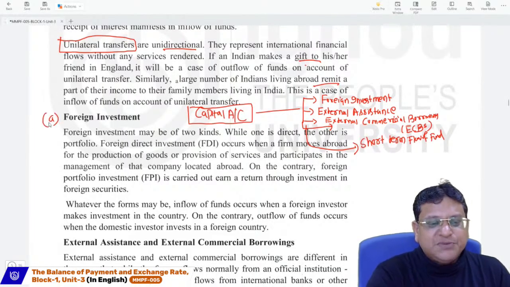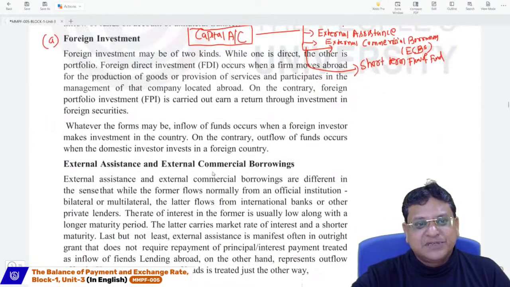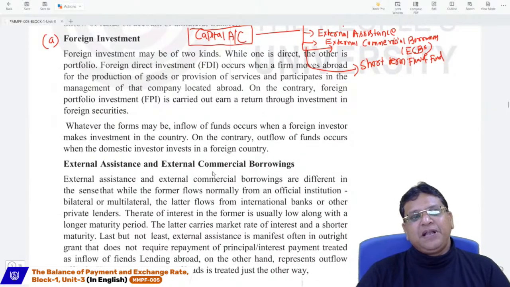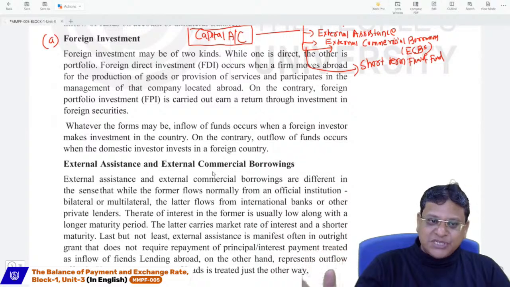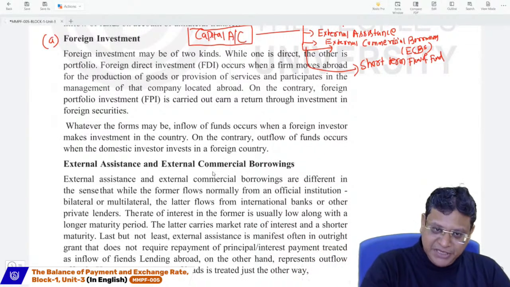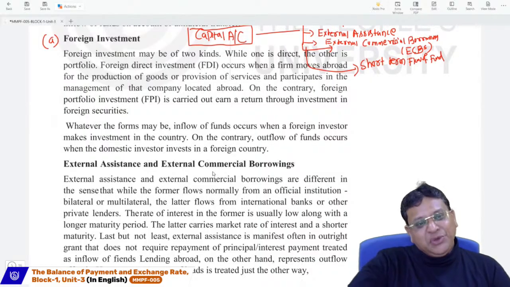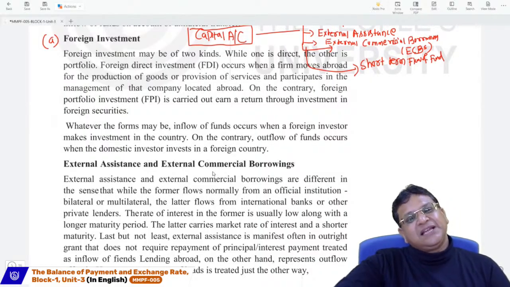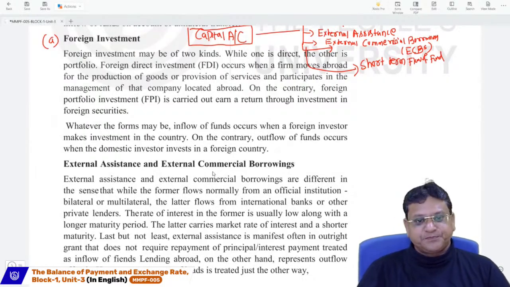We will discuss what is foreign investment. Foreign investment may be of two types. One is foreign investment in your country, citizens of outside investing money in your country, that is called foreign investment inward, or your country's resident investing outside your country, that is foreign investment outwards.